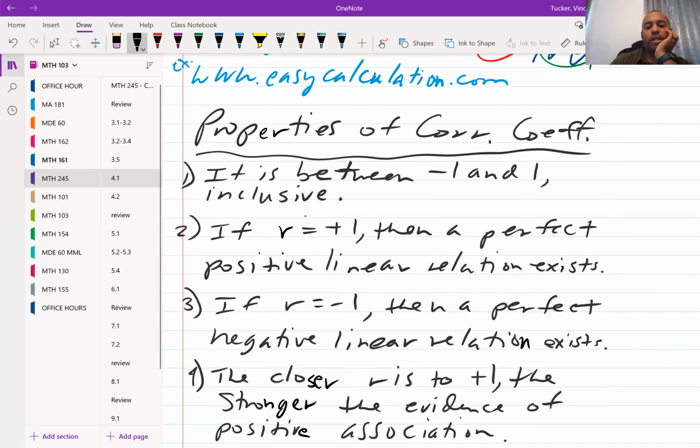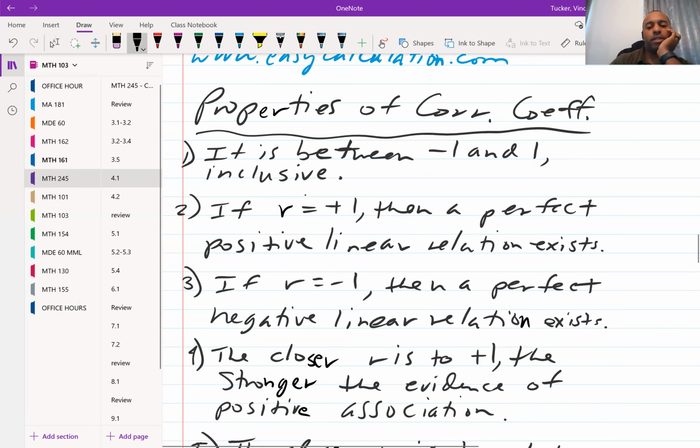All right, the closer R is to positive 1, the stronger the evidence of a positive association.